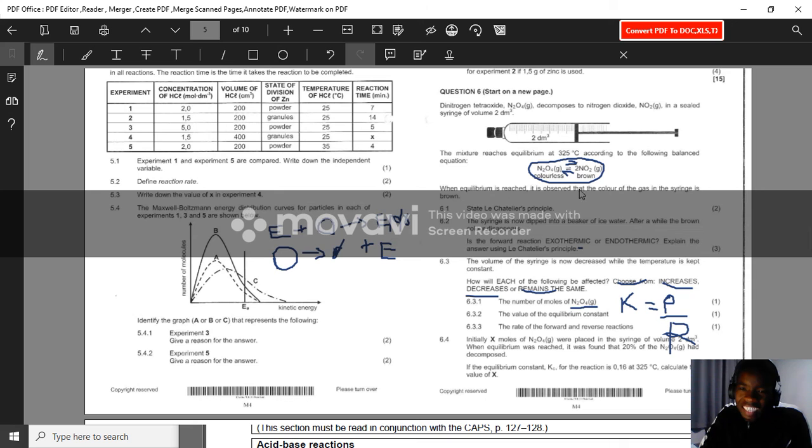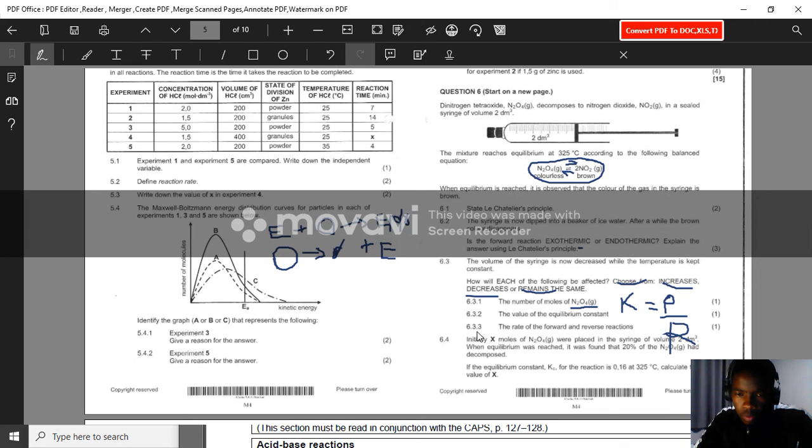So when I increase the pressure of the whole system, that means I will increase the rate of the forward reaction and also increase the rate of the reverse reaction. Therefore, the Kc value will remain the same because this one will be the same and this one will be the same. They will not change. It's only the rate of reaction at equilibrium that will change, but the value of Kc will not change.